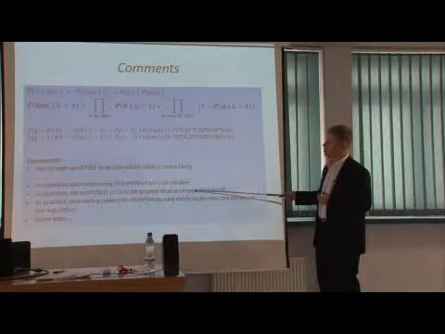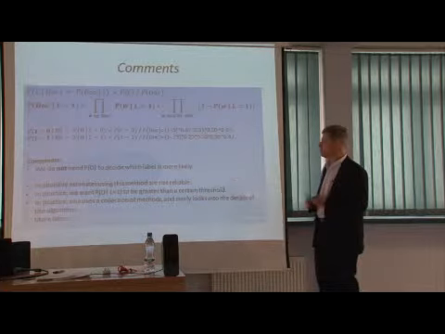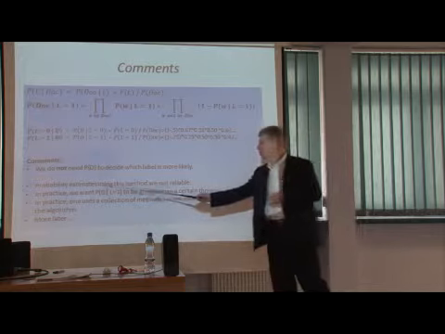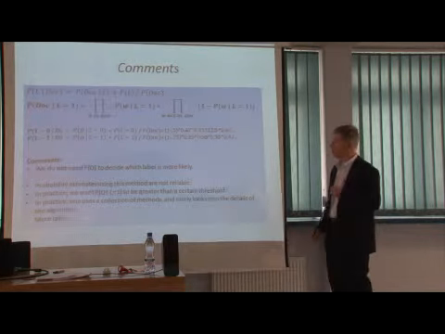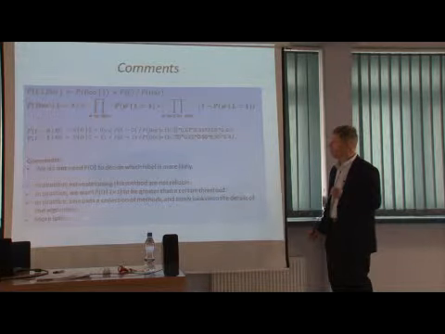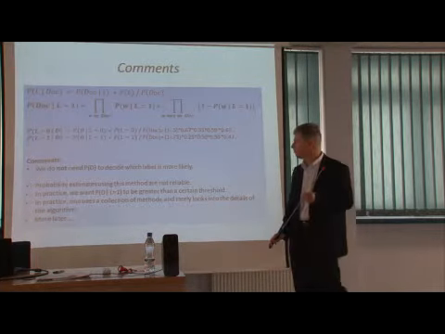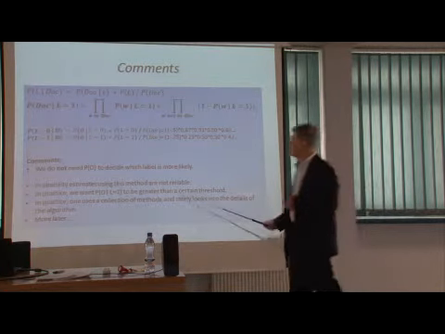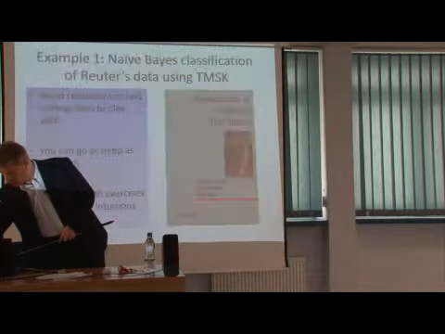And in practice, what happens is, if the probability of label 1 is bigger than the probability of label being 0, then we assign label 1, and otherwise we do the opposite. More about it later, and we're going to see how it works in a second.